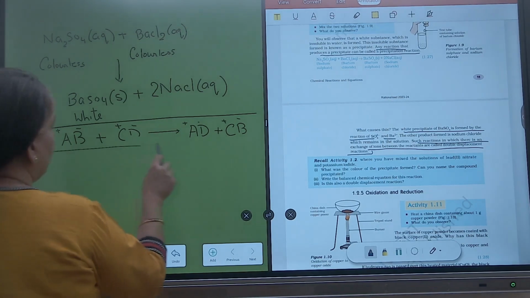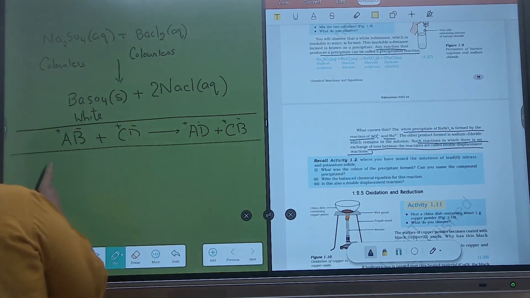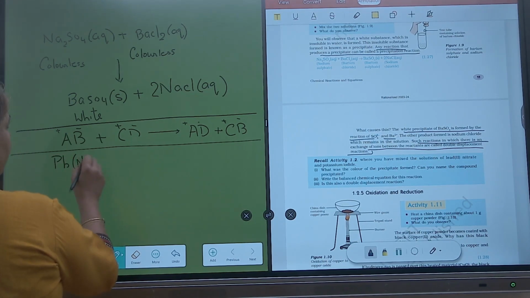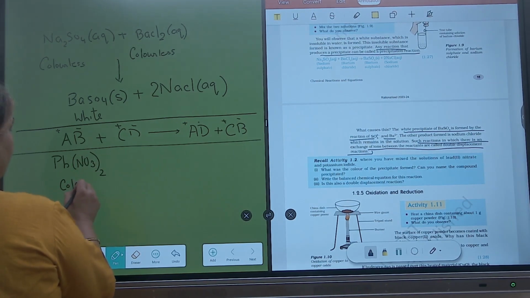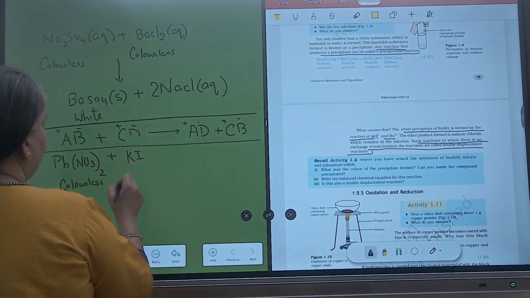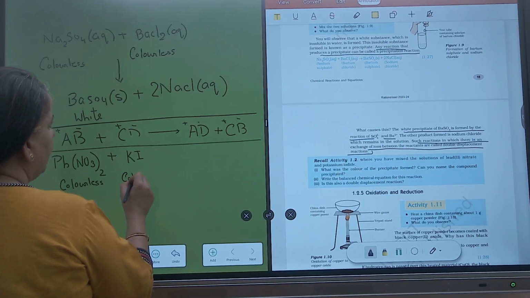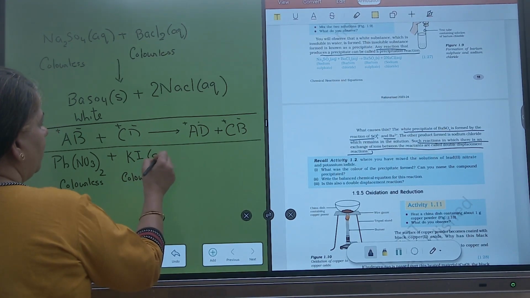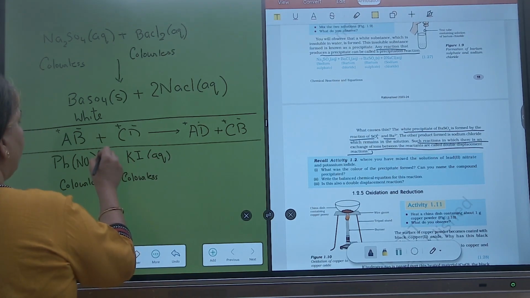See, reaction between lead nitrate, Pb(NO3)2, which was a colorless solution, and potassium iodide, again a colorless solution. Both are highly soluble in water.